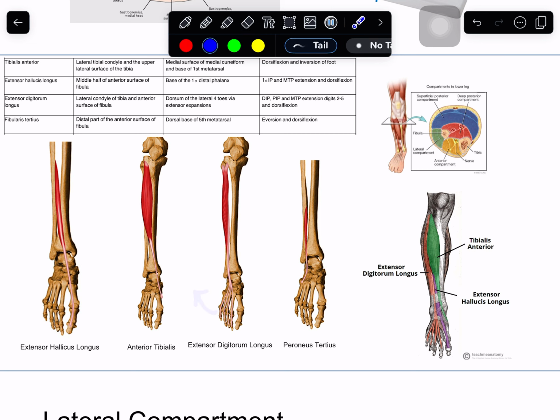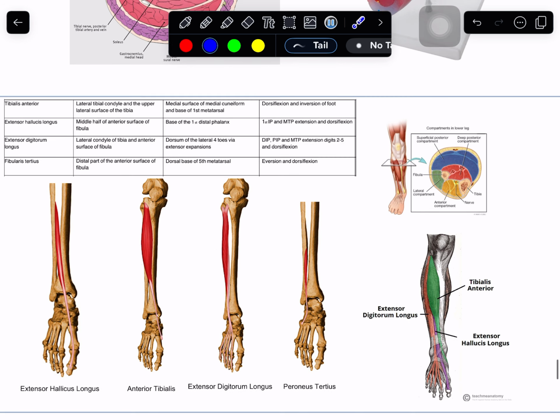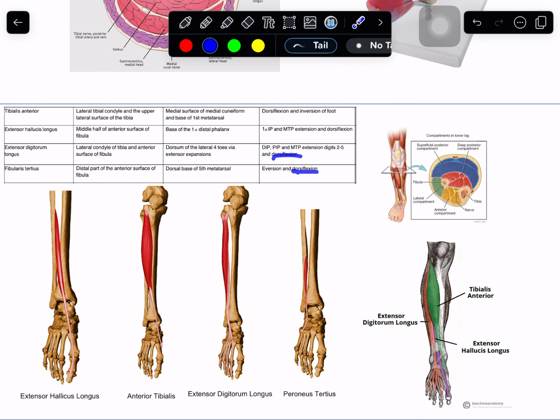So it's going to be extension of digits 2, 3, 4, and 5, and eversion as well, plus of course the dorsiflexion. So those are the 4 muscles of our anterior compartment, all with their main or common action being associated with dorsiflexion, and then you also have their individually associated actions, which are a little bit more secondary.